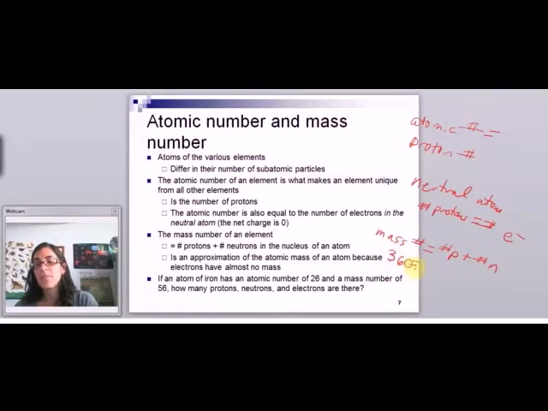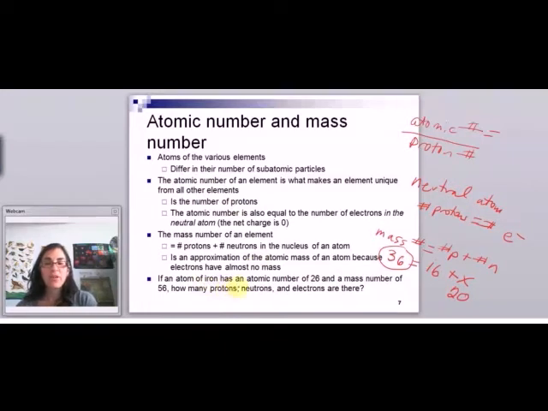If I have a mass number of 36, and I know the proton number, which remember is my atomic number, is 16, just throwing out some numbers here, I have no idea if these are any real element or atom, then my neutron number is x. And we really don't have to do any fancy algebra to know that x would have to be 20. 20 plus 16 would give us 36. So that's how I would know the number of neutrons.